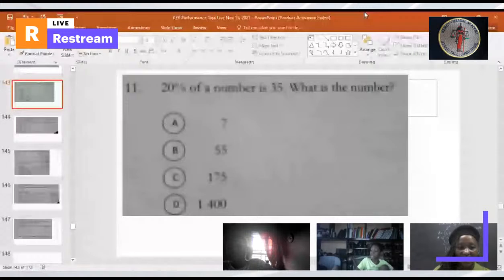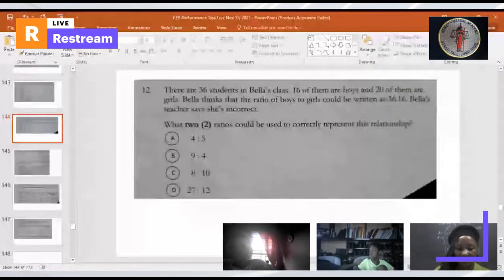Right. So Alyssa, go ahead and read question 12. There are 36 students in Bella's class. 16 of them are boys and 20 of them are girls. Bella thinks that the ratio of boys to girls could be written as 36 to 16. Bella's teacher says she's incorrect.